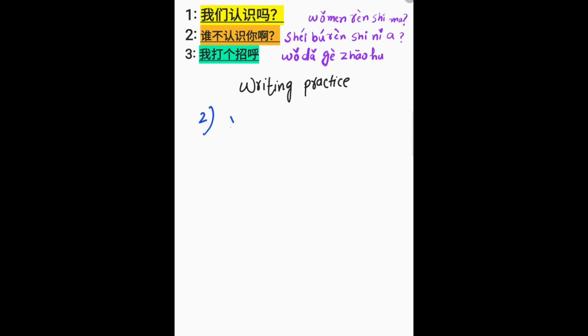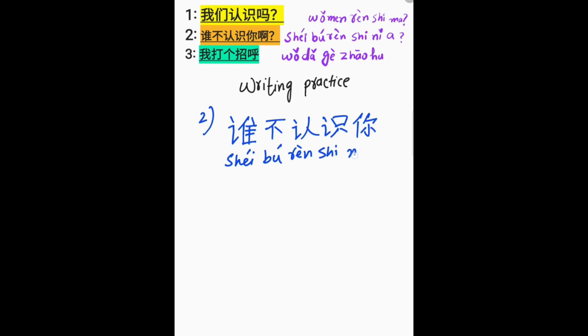Now the second sentence is 谁不认识你啊？This ah has a fifth tone.